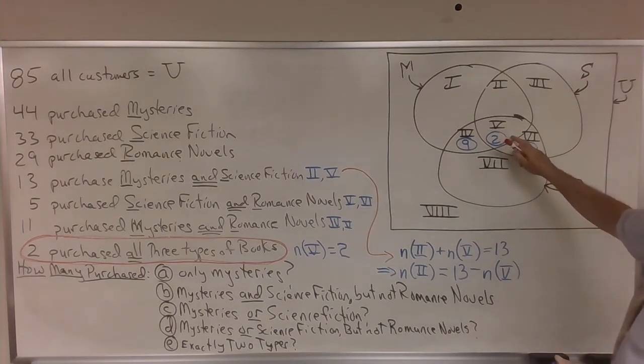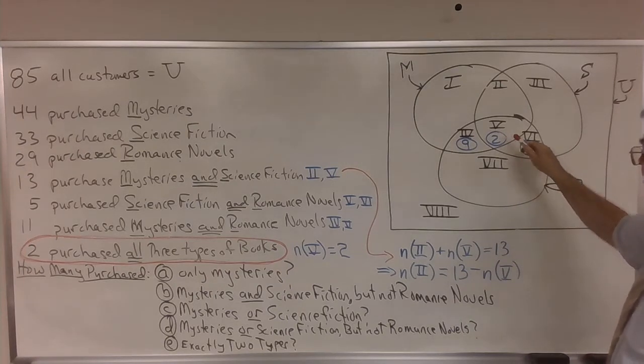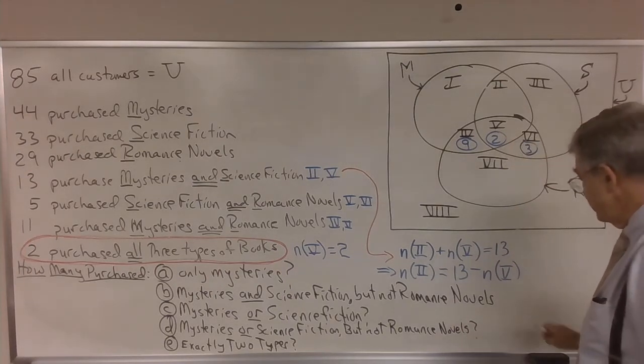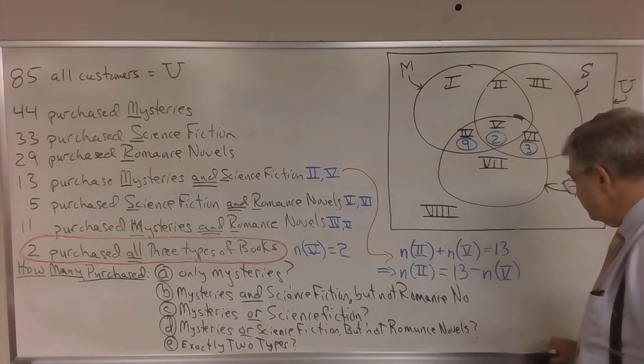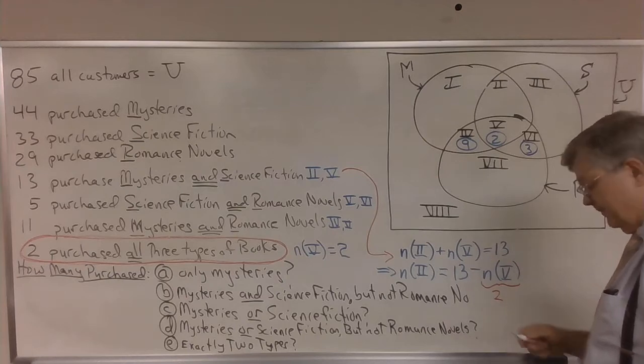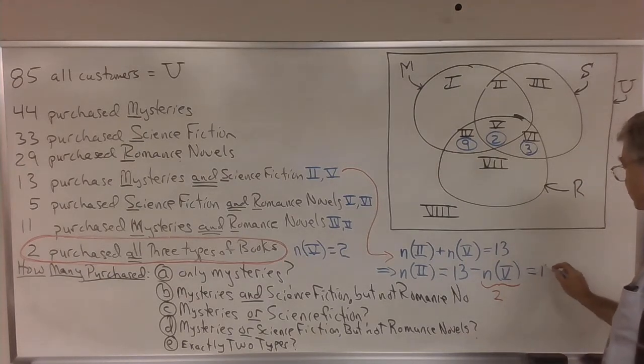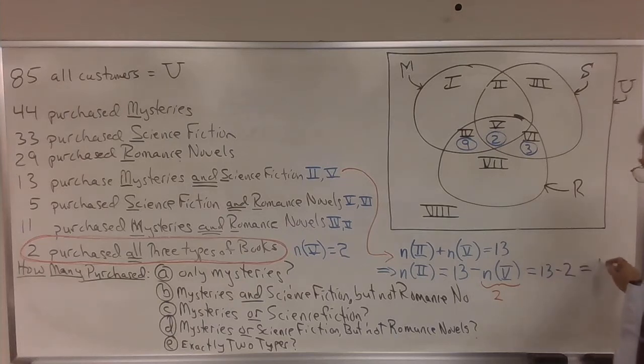And region 5, oh, is this ever a key piece of information, huh? Region 5 has 2 people in it. So this is 13 minus 2, which equals 11.